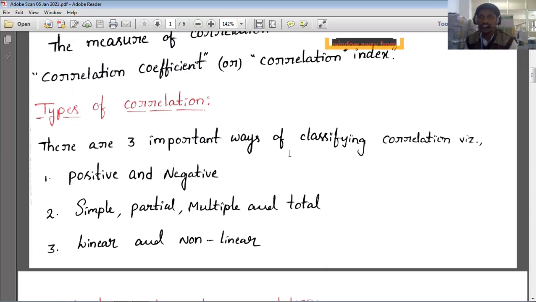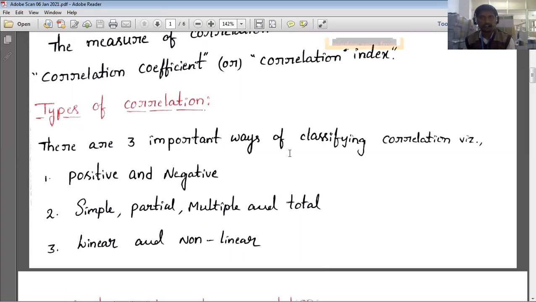And negative correlation is the opposite. If one is increasing, the other is decreasing. For example, take a person whose height is increasing but weight is decreasing, or weight is increasing and height is decreasing. Similarly, price is increasing but demand is reducing, or demand is increasing but price is reducing.